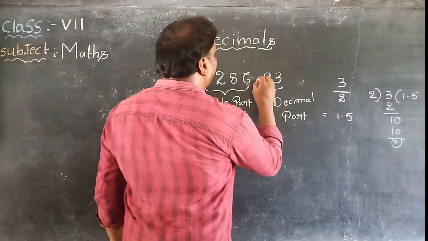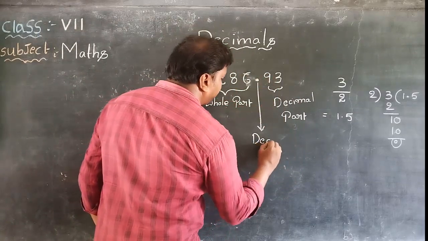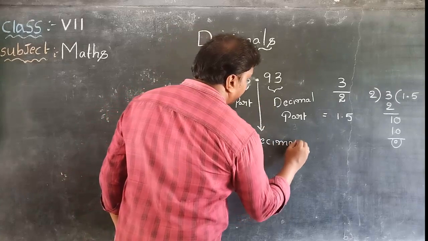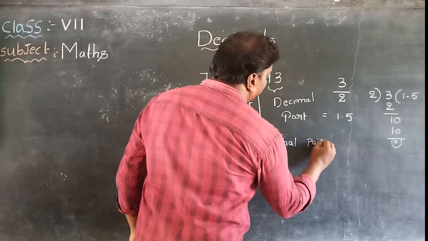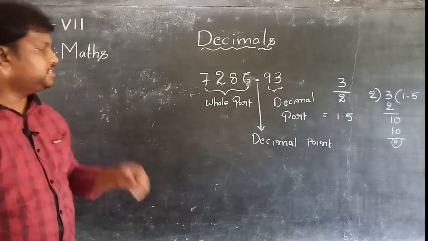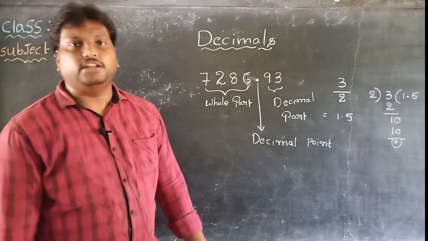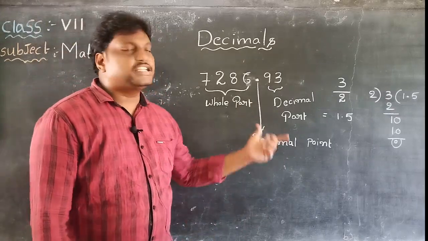Okay, what about this? This is the decimal point. Why? Because we are using decimals. Decimal means deci, which is nothing but 10. When there is 10 in the denominator, it is called a decimal fraction.